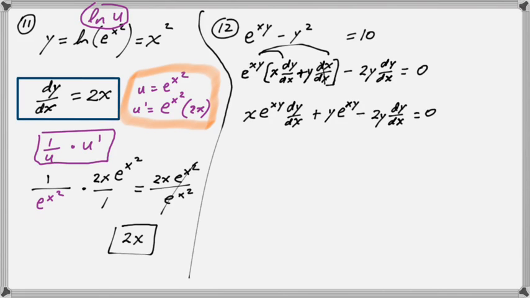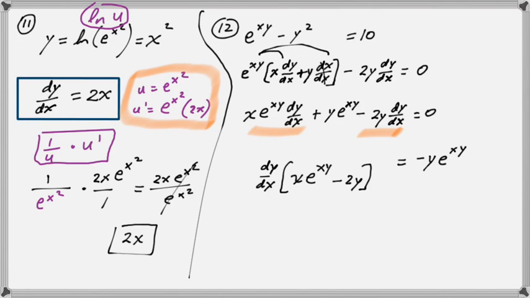Now, I see that there are two terms with dy/dx and one that does not have dy/dx. So I'm going to subtract the y e to the xy over, and the two underlined things, I'm going to factor dy/dx out. So that would be x e to the xy minus 2y. Now, if I want dy/dx, and this is multiplied, all I have to do is divide.